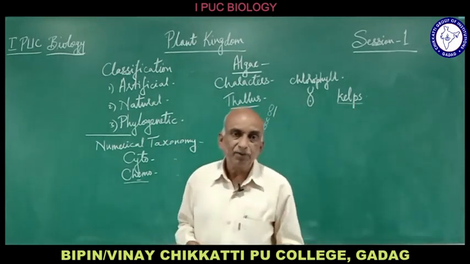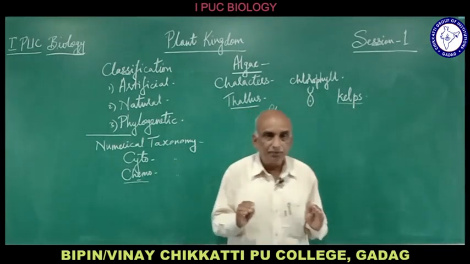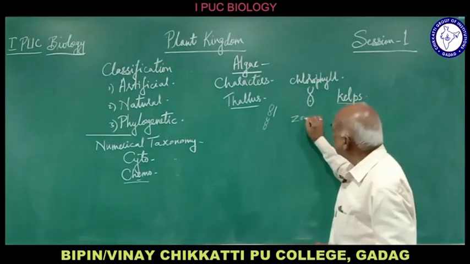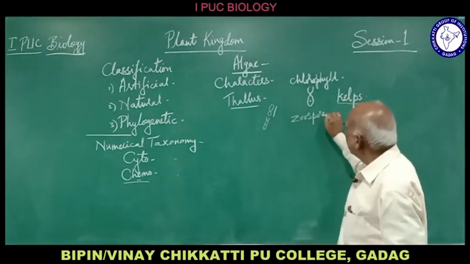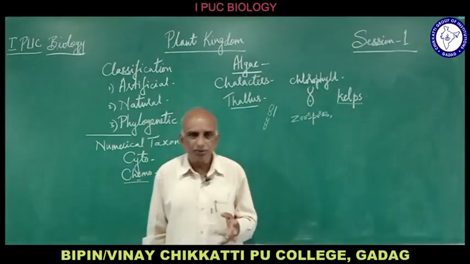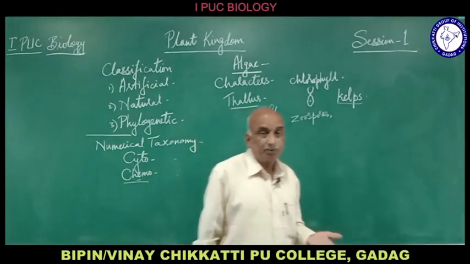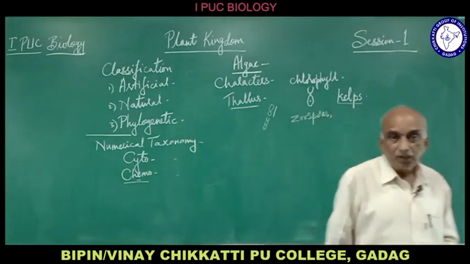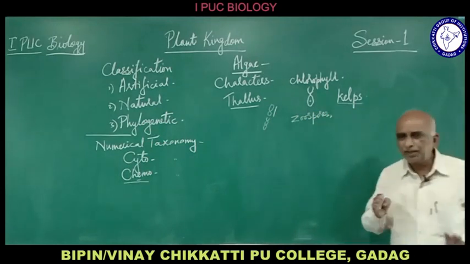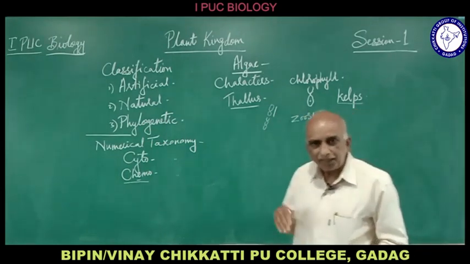In asexual method, the algae will produce a kind of unicellular structures which are called zoospores generally. But actually there are different types of spores which are produced by algae called hypnospores, planospores, autospores, endospores, etc. So there are different types of spores which are produced by algae.